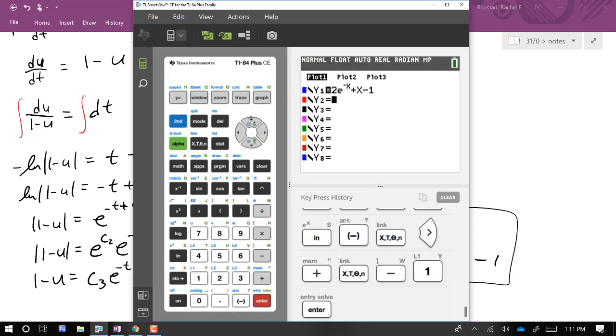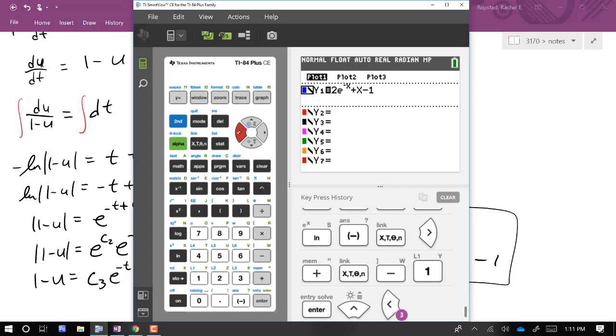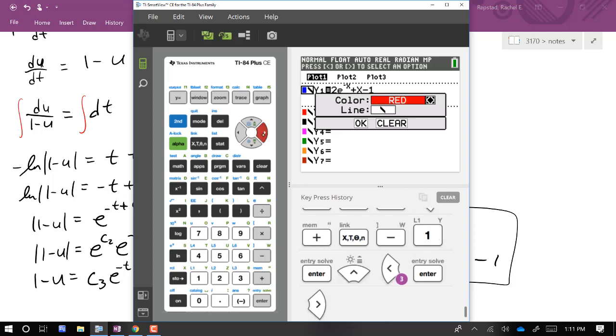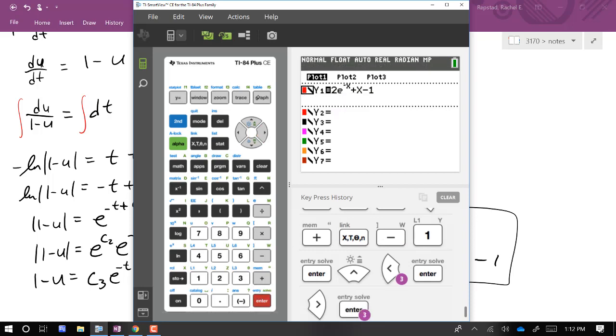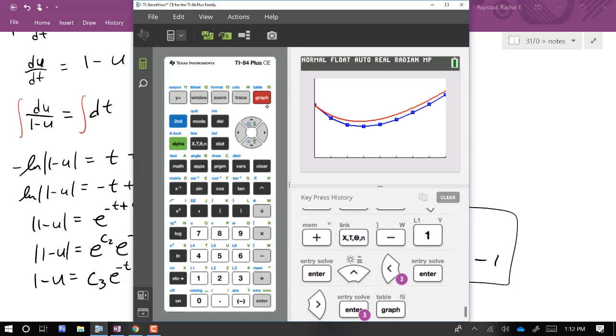In fact, I'm going to change the color. Make that one red. So, pretty close. We could see that we start introducing error, we could get an even better approximation if our delta t was smaller, if we used more steps. Just like we would get a better approximation when we were approximating the area under a curve back in Calc 1.